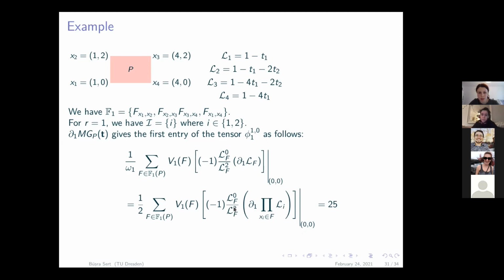And so, for example, for the facet that is the convex hull of x1 and x2, we take the product of L1 and L2, and we take its derivative for T1, and we write this expression. And we do that for each facet and take the sum over them. And then as a first entry, we obtain 25 here.